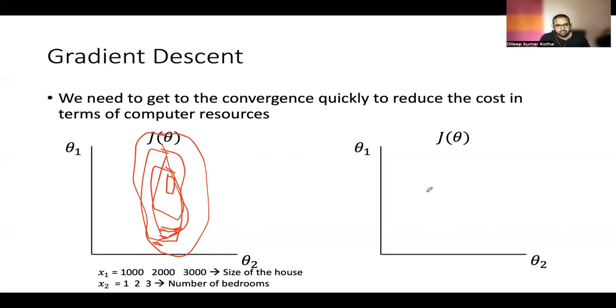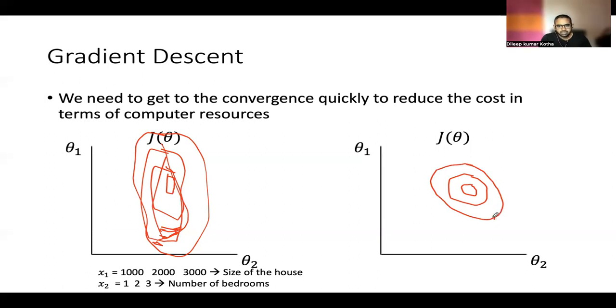But if you scale the parameters such that both size of the house and number of bedrooms are between 1 to 10, your cost function will give us nice circles. So the contours will be nice circles. They won't be skewed and it will be good for gradient descent as well.